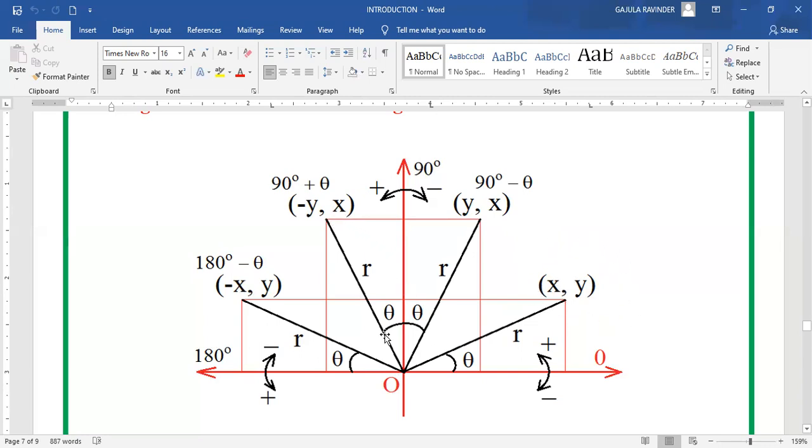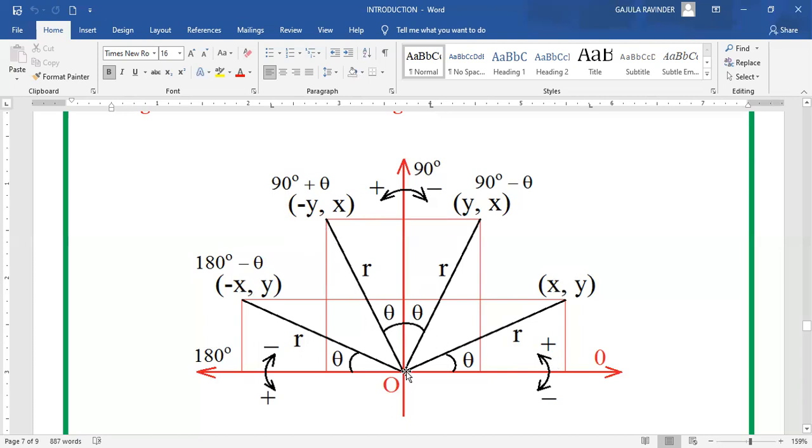Similarly, sin of 90 plus theta is wanted. What is sin of 90 plus theta? It's the y coordinate by r. What is the y coordinate here? X. X by r will be taken. So when this is x by r, but what is x by r for theta? X by r for theta is cos theta. Therefore, sin of 90 plus theta is cos theta. But what is cos of 90 plus theta?